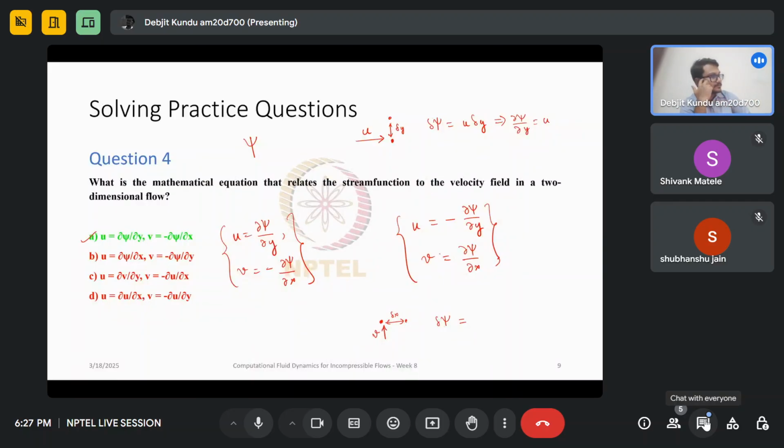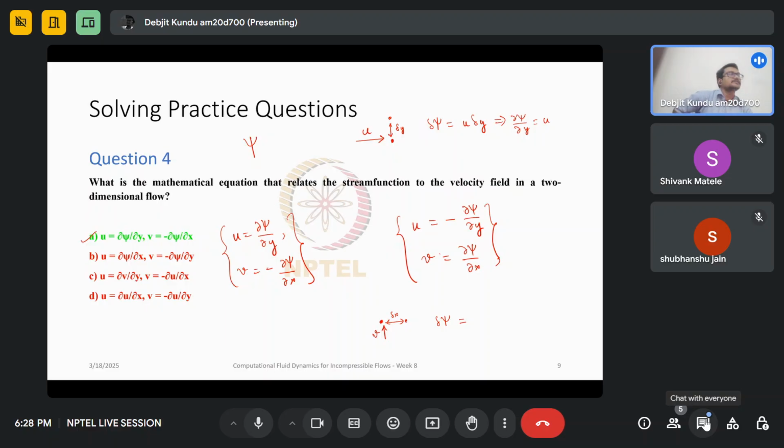If v is in this direction, since there is another convention that I'm forgetting.